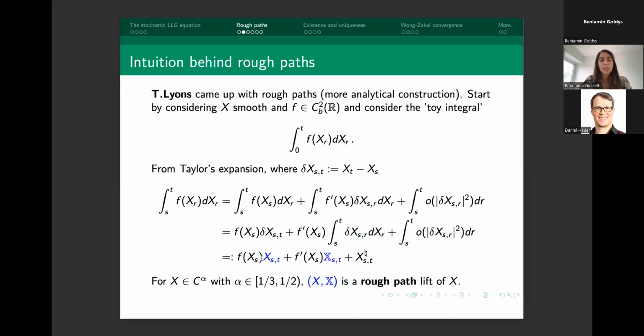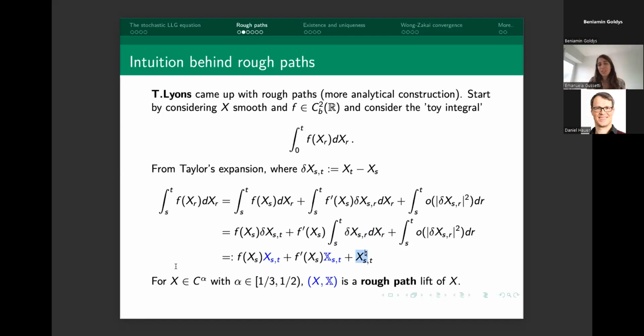So there should be two elements that will substitute these integrals when we have a less regular path, such that we can reformulate the things in this way. And it's important here that there is some kind of rest that has the correct regularity.